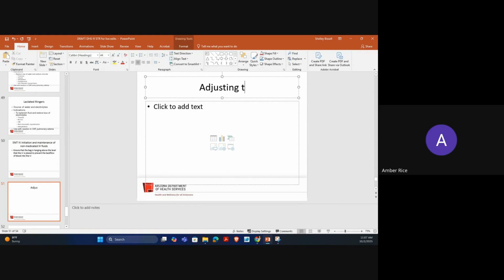So call this one adjusting the flow rate. And then I don't know what we need to put in here about selecting the appropriate drip set. I don't know if we want to put in the different ones, I don't remember what's required to be carried.